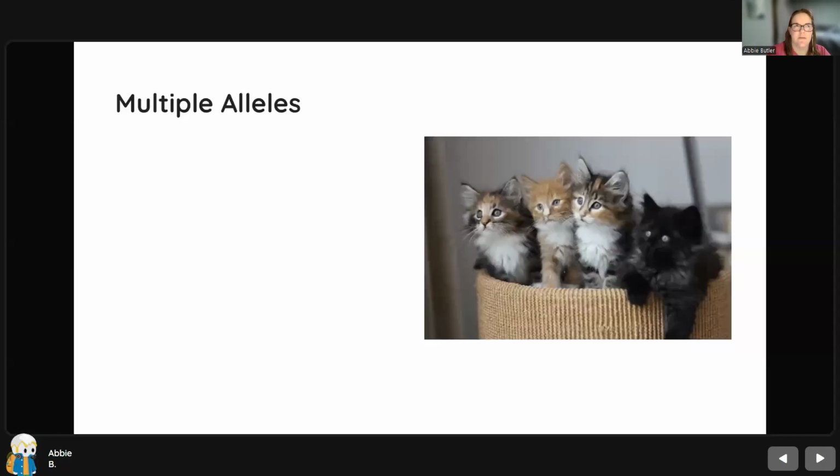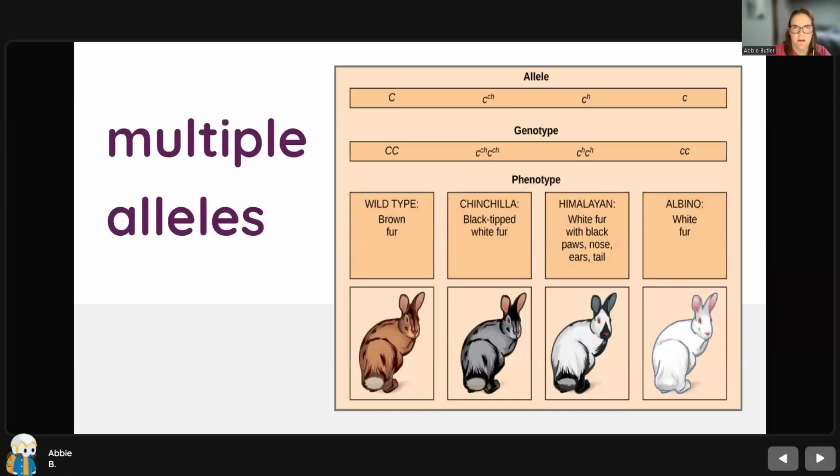And there's differences with those dominant and recessive. So for that situation, the brown coat is dominant. And it's dominant over chinchilla, and it's dominant over Himalayan, and it's dominant over albino. So as long as you have a big C, it's going to always show the wild type.